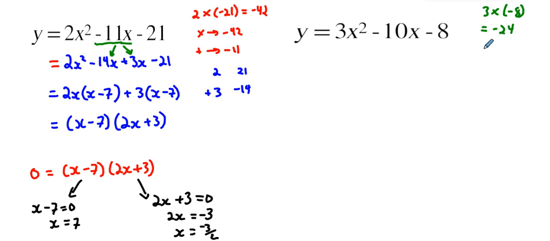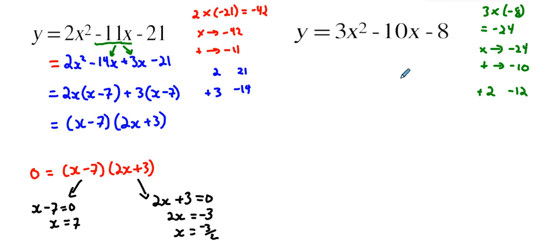So I'm looking for numbers that will multiply to produce negative 24 and will add to produce the middle term, just like simple trinomial factoring. We're going to list out some factors here that we're going to try. 1 and 24 won't do it, but 2 and 12 might. So 2 and 12 have the benefit here of having a difference of 10. We know one of them is negative, and we know the bigger one's negative. So it's going to be negative 12 and 2.